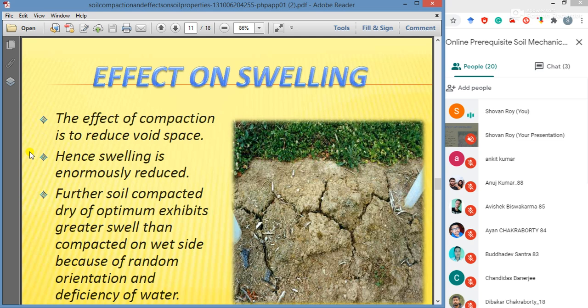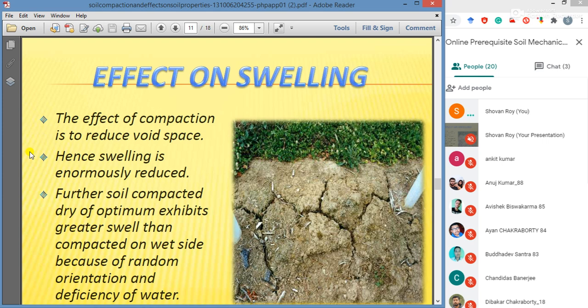Minimum water content: we are talking about such a state where the soil carries the minimum water content, but still if we measure the soil mass we cannot find the water.